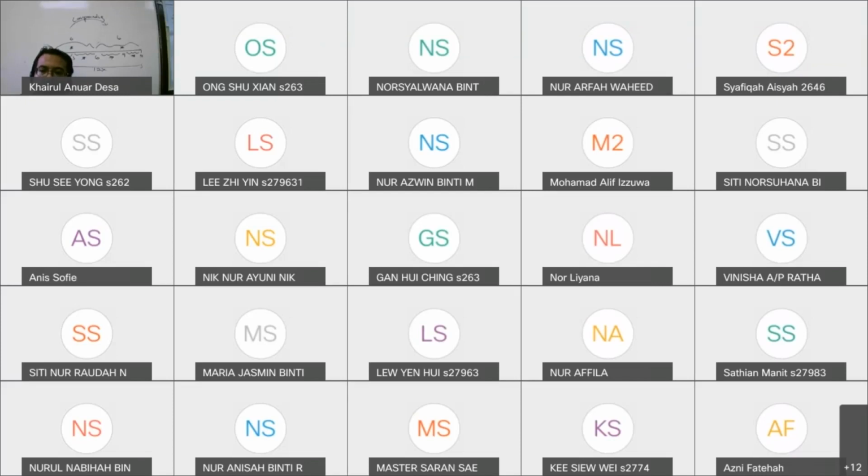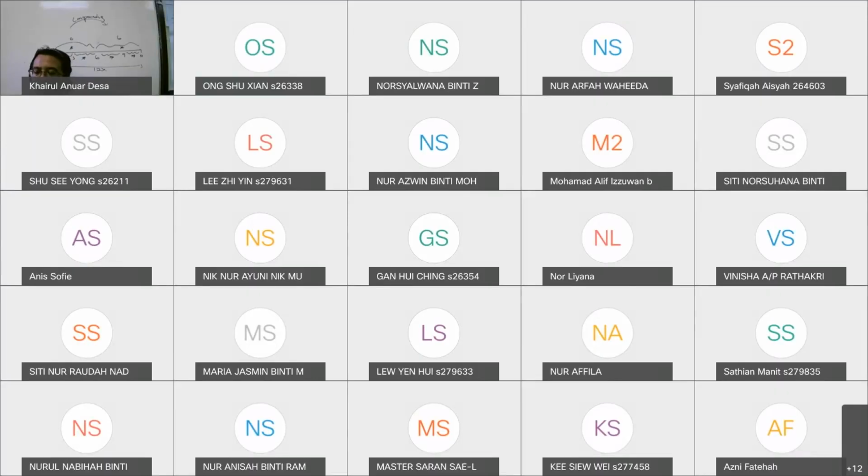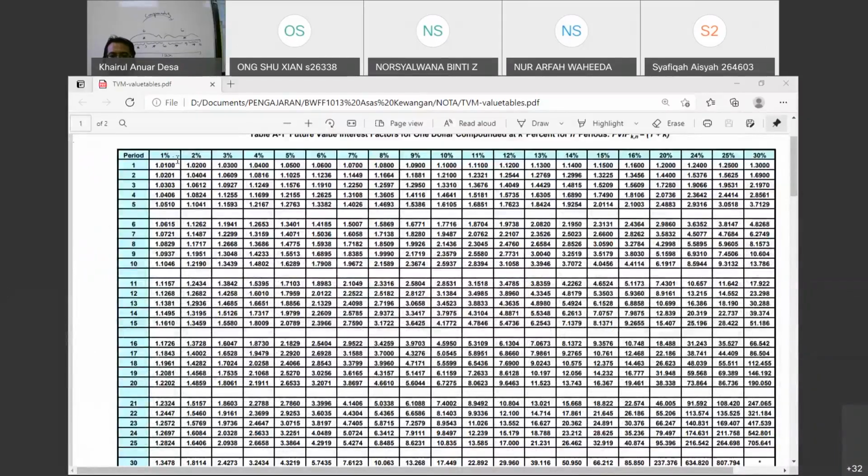If we refer to the table, there is no 1.5%. Dia cuma ada 1%, 2, 3, 4, till 30, and here to 30 years. If the interest rate is 1.5, or 2.5, 9.9, let's say 14.2%, we cannot use the table.